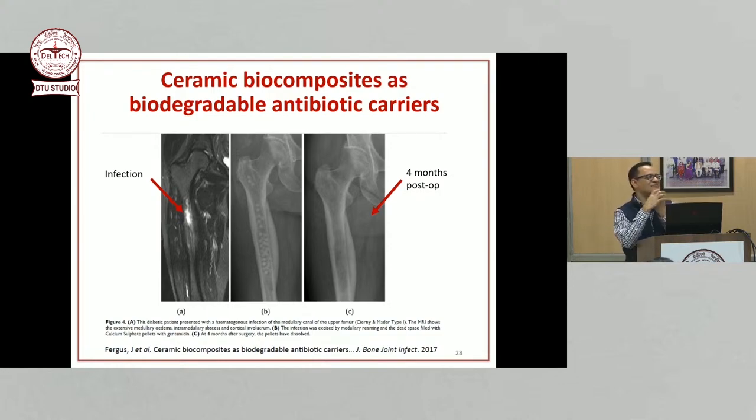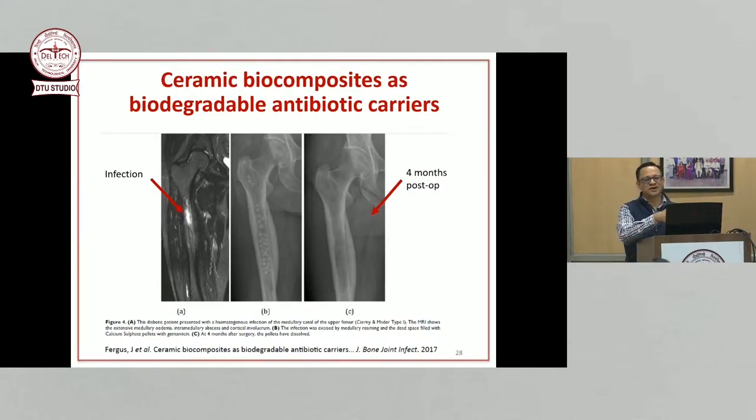It's not releasing everything. So in that type of application, biodegradable materials can be very good because they'll slowly release, but ultimately when the material completely degrades, it has to release everything. And this is a good application.